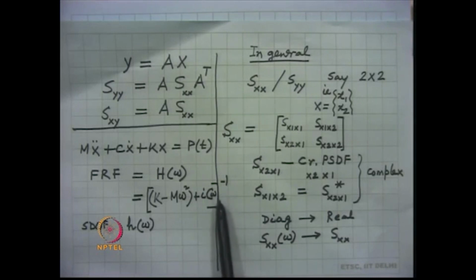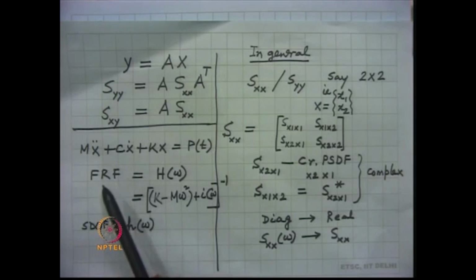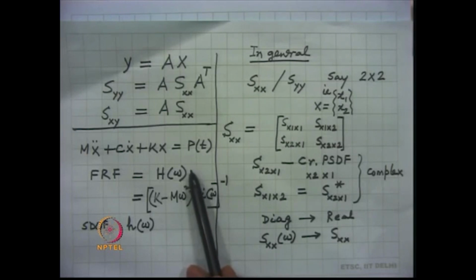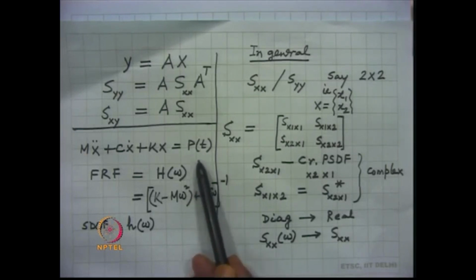That is what we discussed yesterday. Therefore, X(omega) can be written as H(omega) multiplied by P(omega), where P(omega) is the frequency content of the force vector P(t).